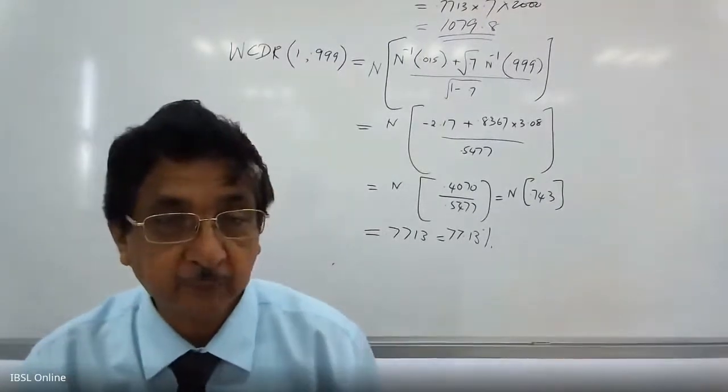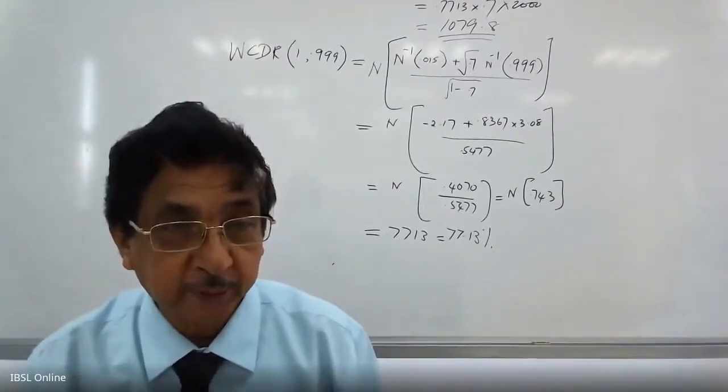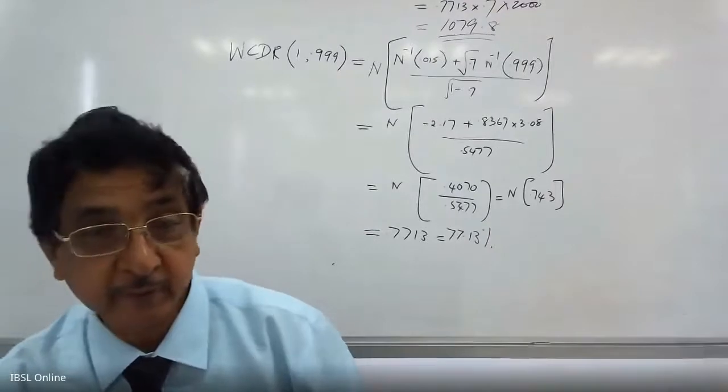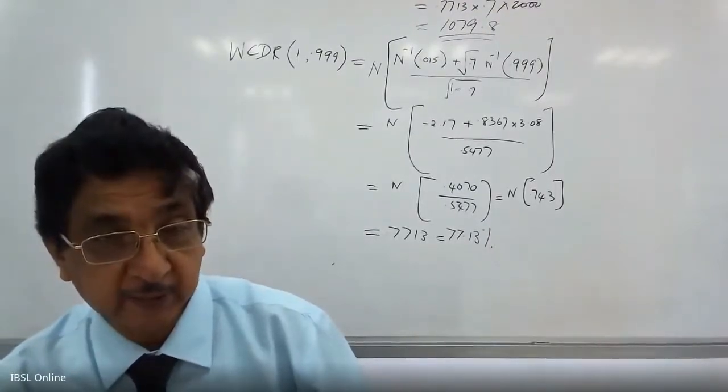This is the calculation for the worst case default rate for a 1 year period, and the confidence level is 99.9.